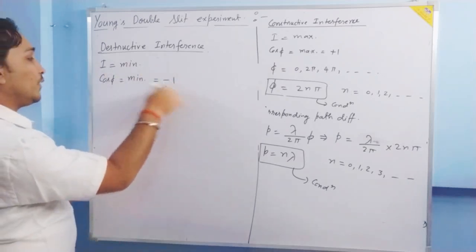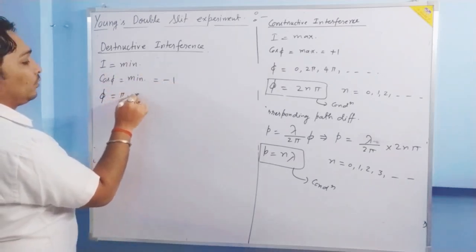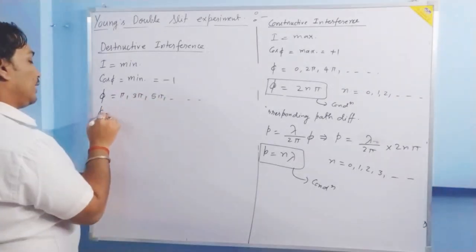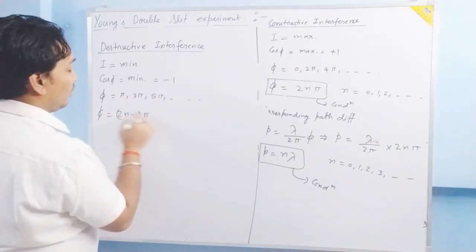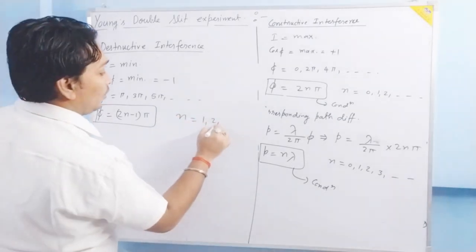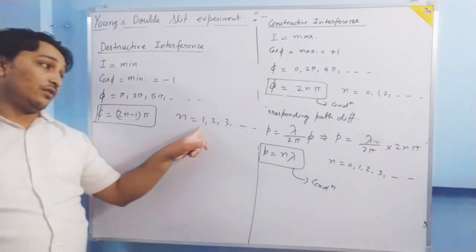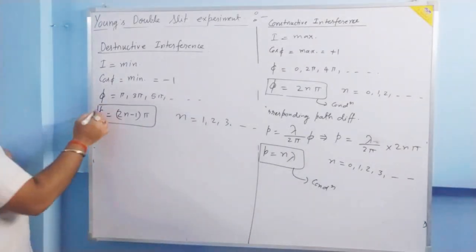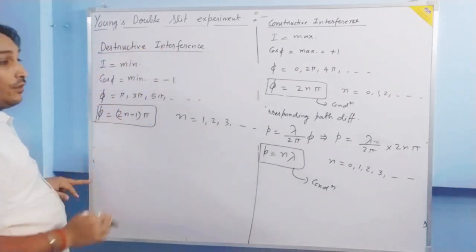When the value of cos phi is minus 1, phi is equal to pi, 3 pi, 5 pi, and so on. Now phi can be written as 2n minus 1 into pi, where n starts from 1, 2, 3, and so on. You can write 2n plus 1 also, but in that case you have to start n from 0. Is it clear? So phi is equal to (2n minus 1) pi. This is the condition for destructive interference.